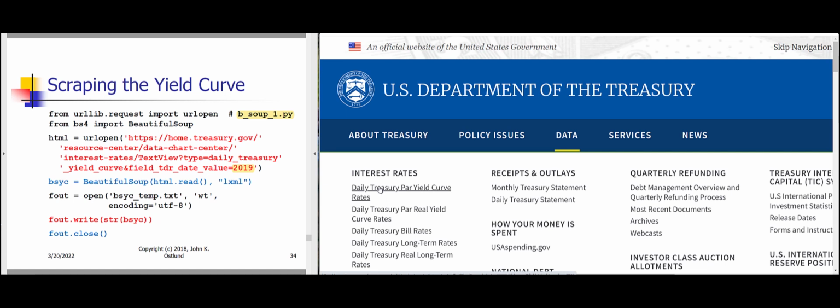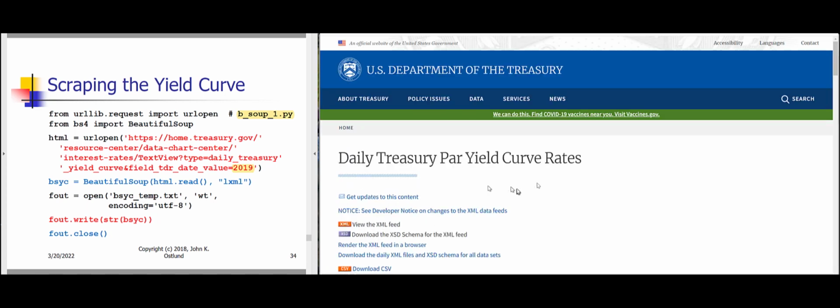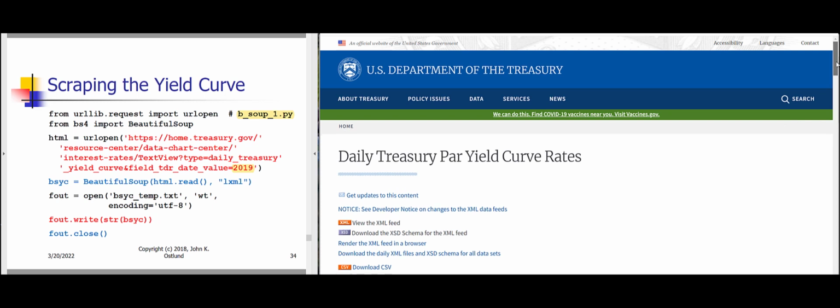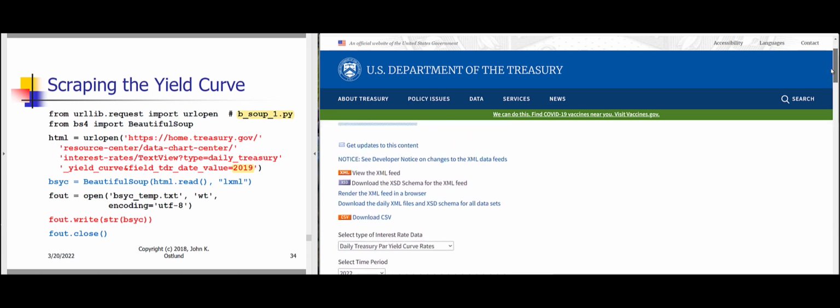If you're not familiar with what the yield curve is, it's the thing that determines what you pay for your mortgage, what you pay on your credit cards, what you pay for auto loans, what you pay for student loans, if you have the bad luck of having those, and yield curves are produced on a daily basis. Okay, daily Treasury par yield curve.